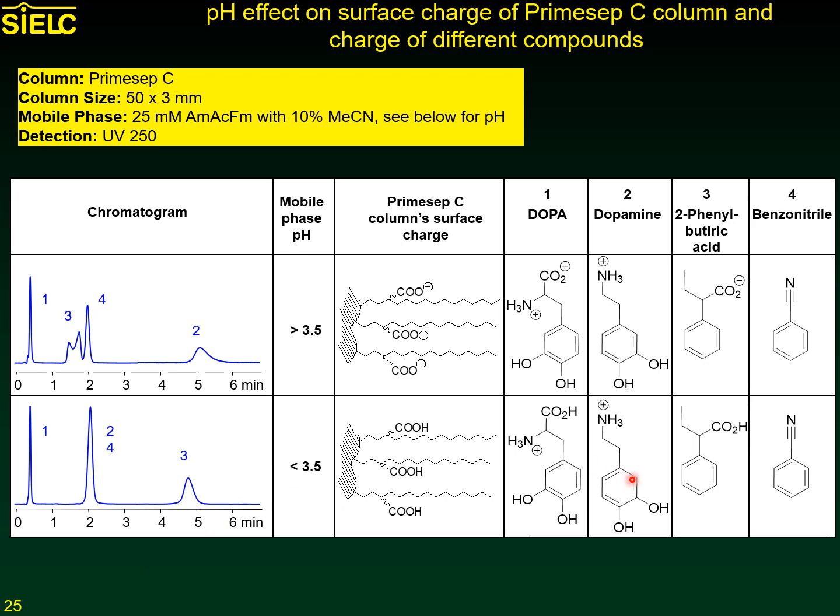And so this is why the retention order on the Primesep C column is where DOPA in its protonated form now elutes first. Dopamine and benzonitrile co-elute as they are retained reasonably equally due to their relative polarities and hydrophobicities. And phenylbutyric acid is retained the longest as it contains the greatest degree of hydrophobic character of the four different analytes.